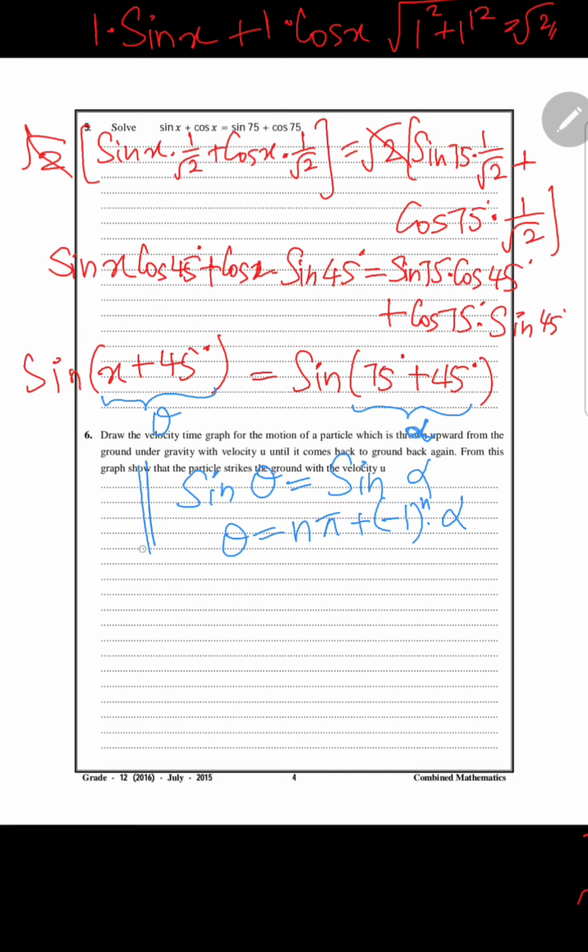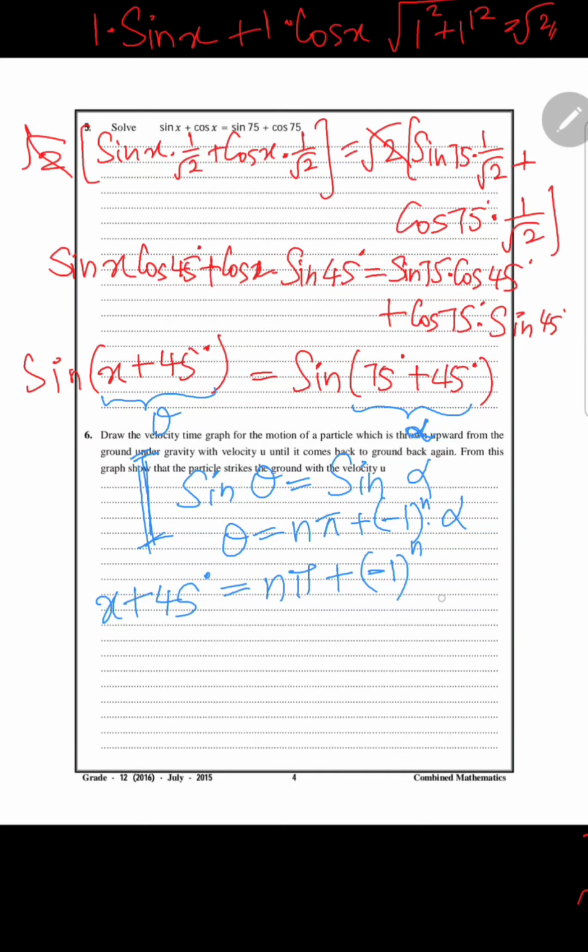So this is the theory. This is how we get that equation. So here we have sin x plus 45. So x plus 45 is the angle, equal to n pi plus minus 1 to the power n alpha.